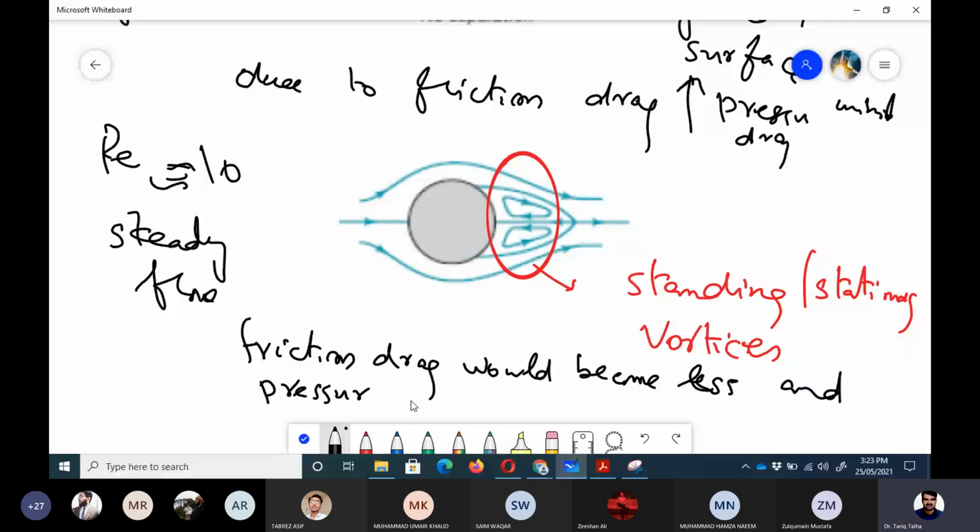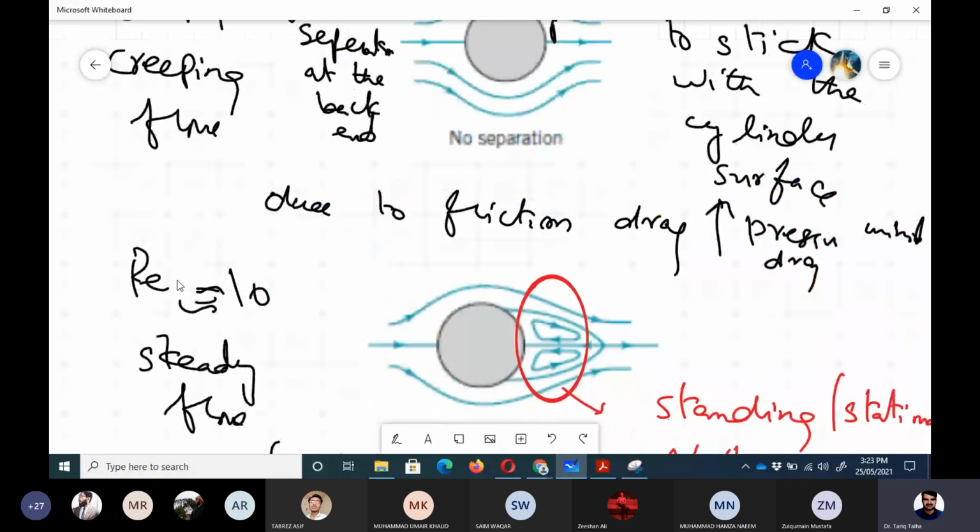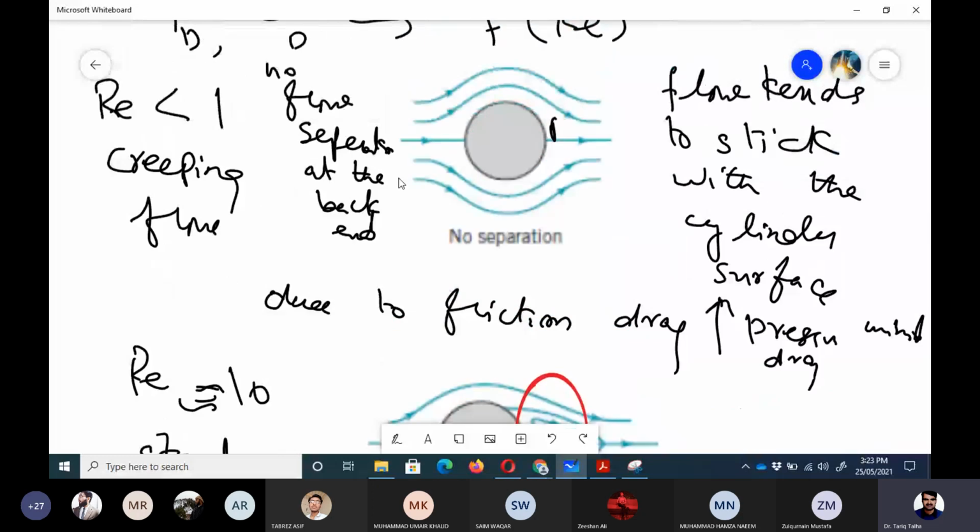At this Reynolds number, we can say that 50% is due to friction drag and 50% is due to pressure drag. While for the previous figure, when we have got creeping flow, we can say that 90% of the drag was due to friction drag and 10% was due to pressure drag.